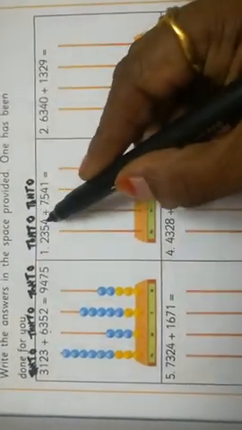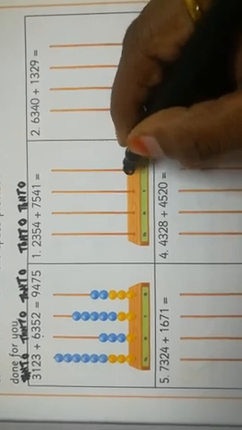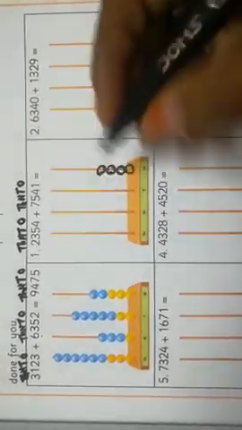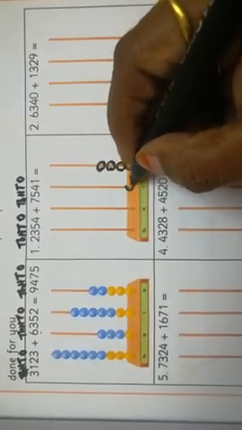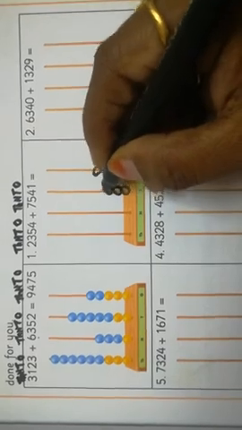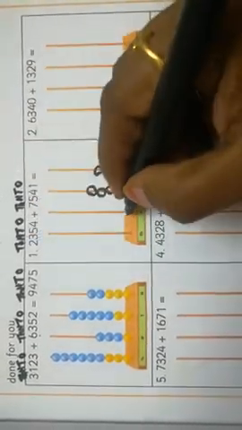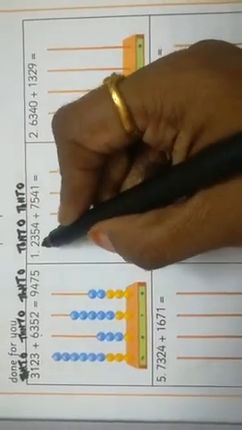For the first number, in the ones place number 4. So in the ones place, 1, 2, 3, 4. Then in the tens place number 5, I am going to put 5 beads: 1, 2, 3, 4, 5. Then in the hundreds place number 3: 1, 2, 3. In the thousands place 2: 1, 2.